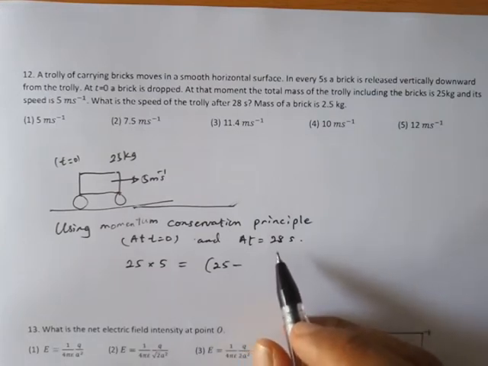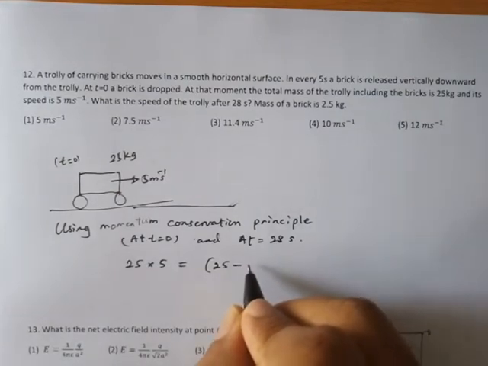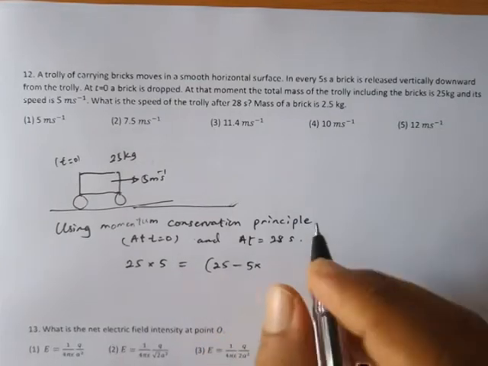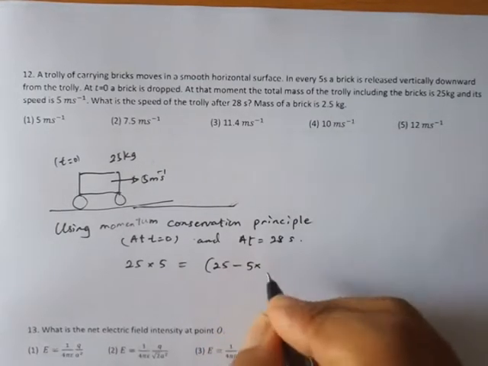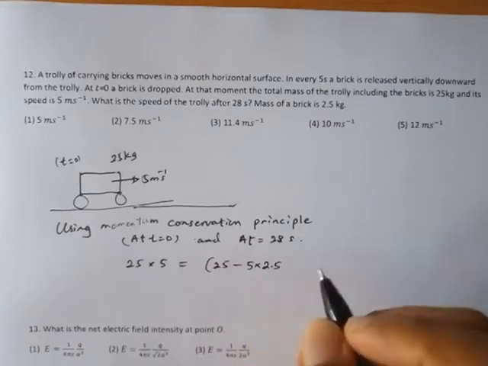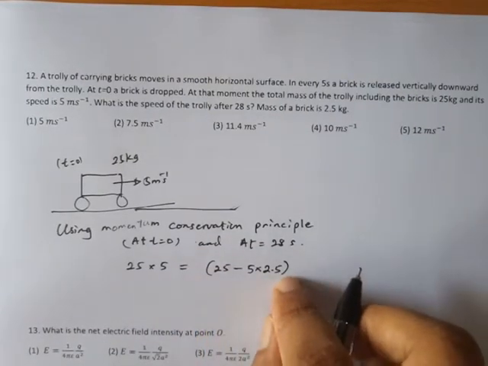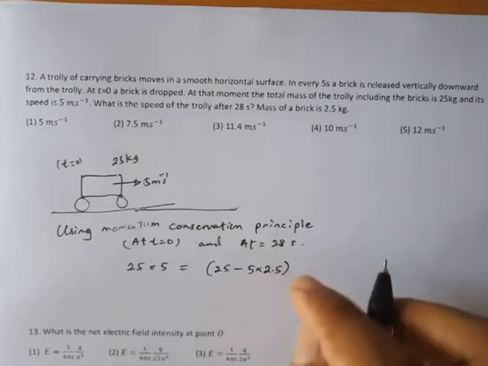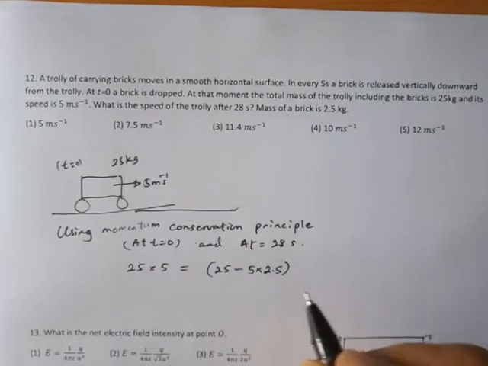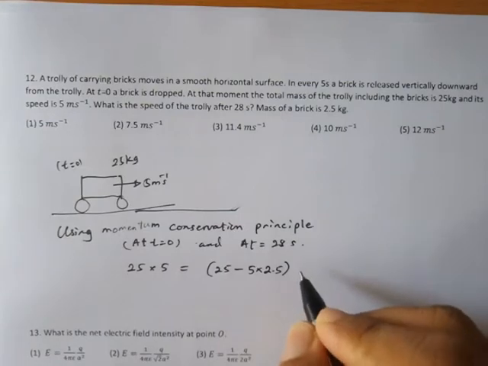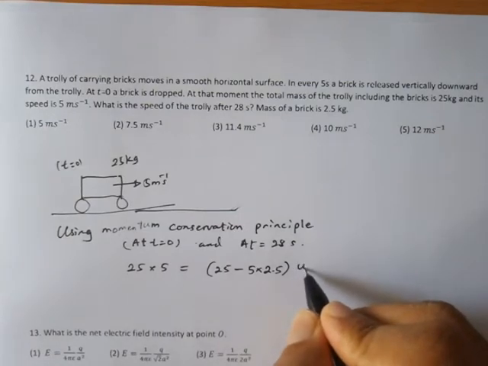At the 25th second the fifth brick is dropped, so 5 times the mass of a brick, which is 2.5 kilogram. So this is the mass after 28 seconds. And the speed we don't know, we want to find it, I'll take that as v.